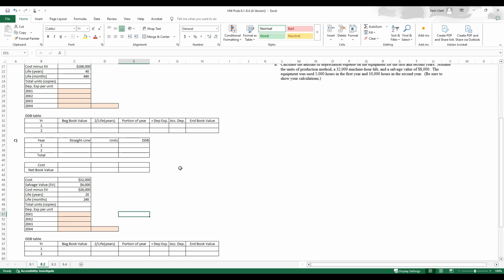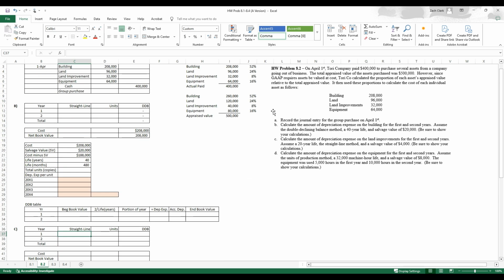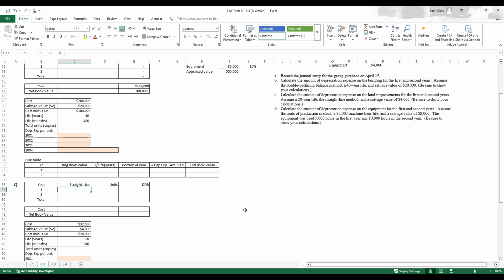But let's do the straight line method here. So we've pretty much got everything that we need. We just have to factor in the notion that we bought this thing on April 1st. So remember that if we bought it on January 1st, we would take the cost minus salvage value divided by the years. But instead, we're going to divide by the months.